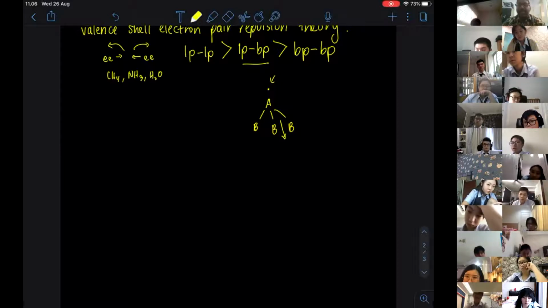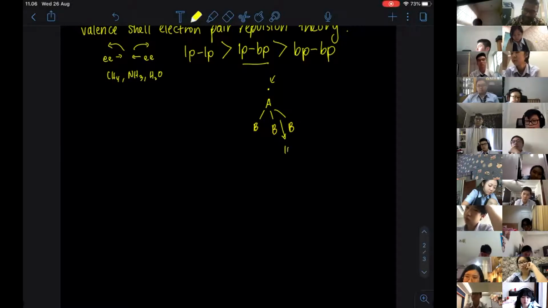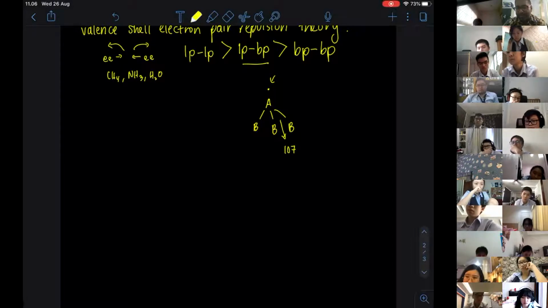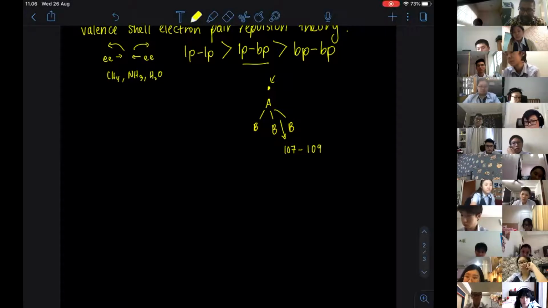So when we assume this as a lone pair, we take it as something similar to ammonia. So the answer will be 107, but they obviously don't put 107 as the ultimate answer. No, they will always give a range. Now, we know that this is only one electron, so of course the angle should be much bigger than 107. So they put any number from 107 to 109 as accepted.